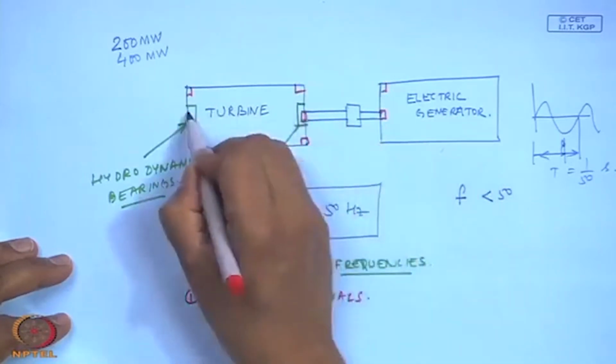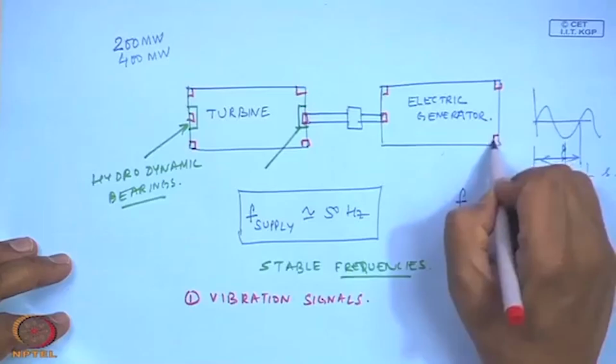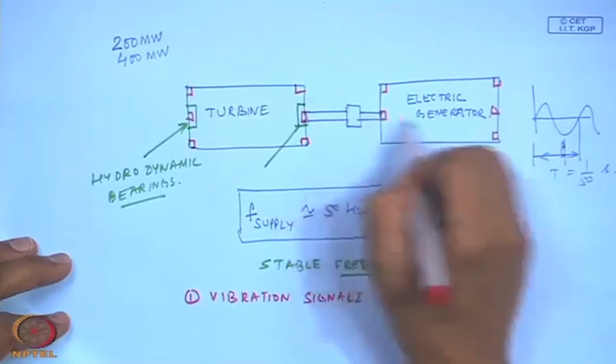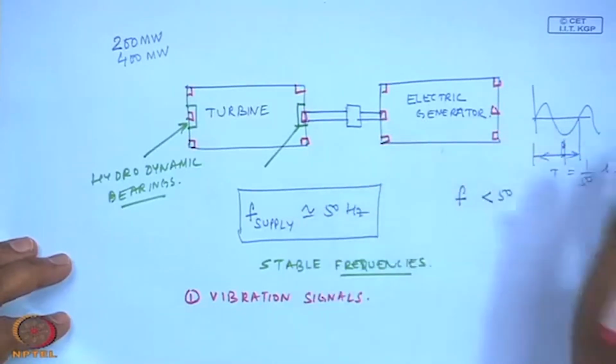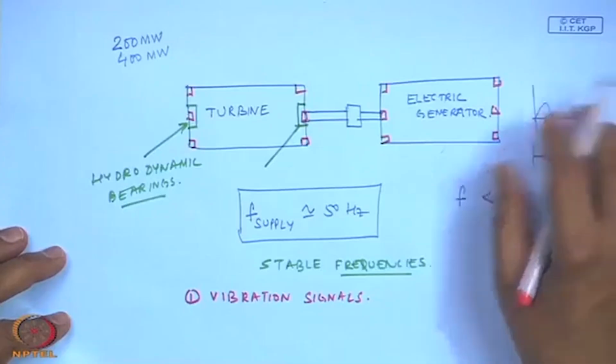These are all the locations where you can mount transducers and so on. But the problem in a nuclear plant is that this is not accessible. The problem in a submersible pump is that the pump is not accessible. So, that is something we will discuss later on.